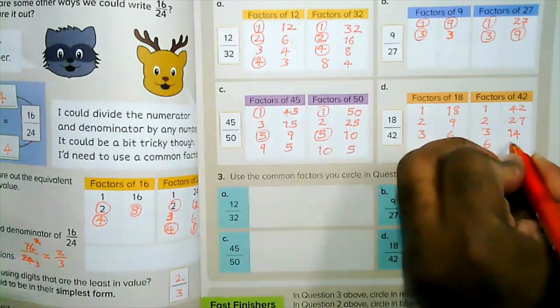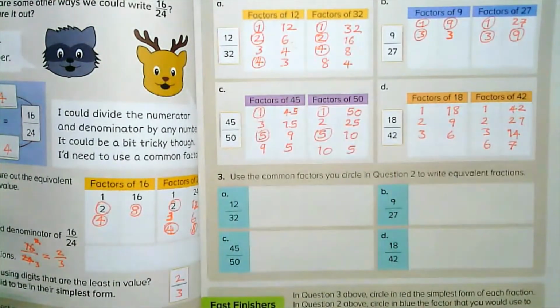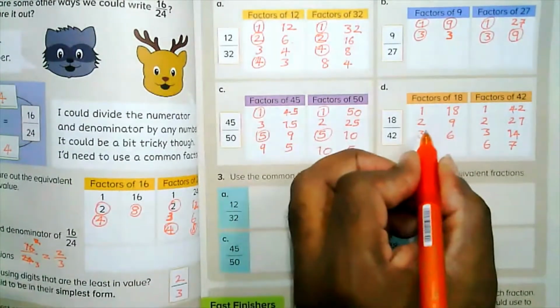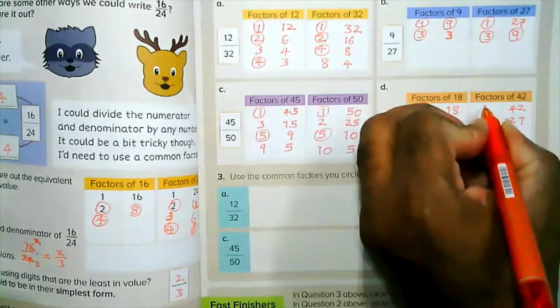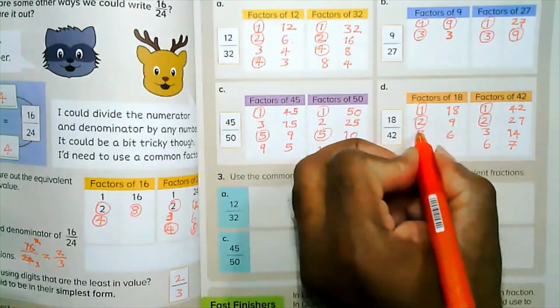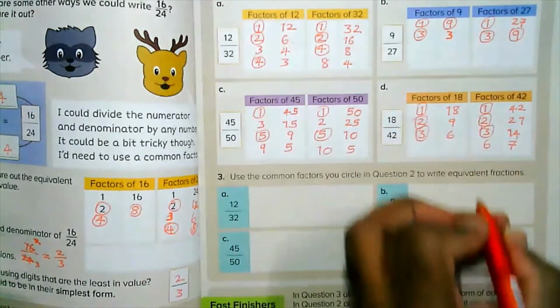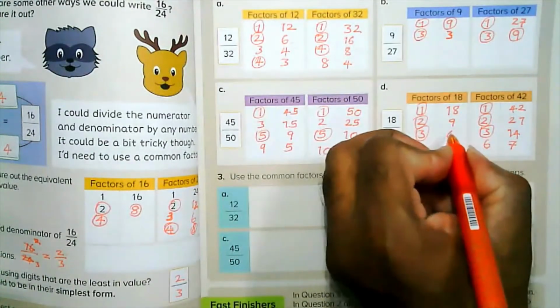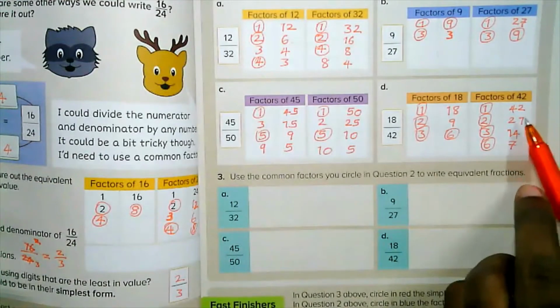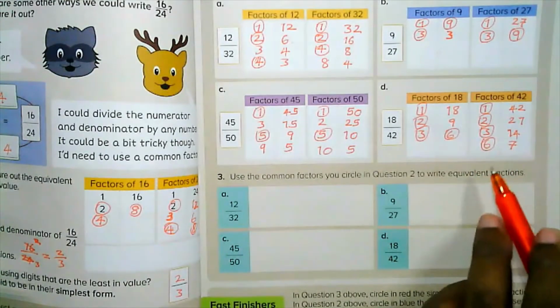And 6 times 7. And what are the common factors? We've got 1, 2, we've got 3, we've got 6, no 9. Yeah, these are the common factors.